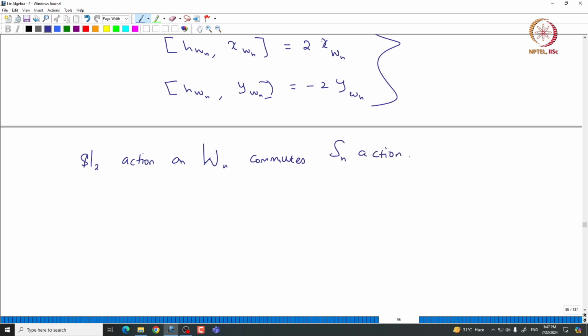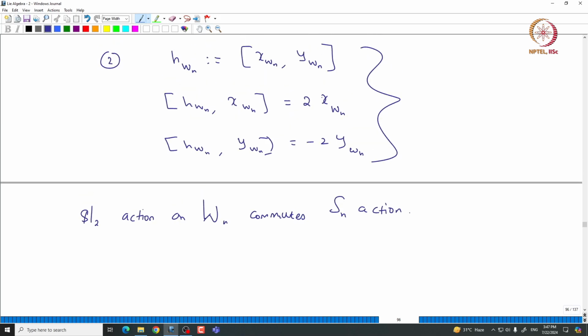Now, what we can do is look at what happens to W_n^k. Note that this W_n^k is again an S_n submodule.